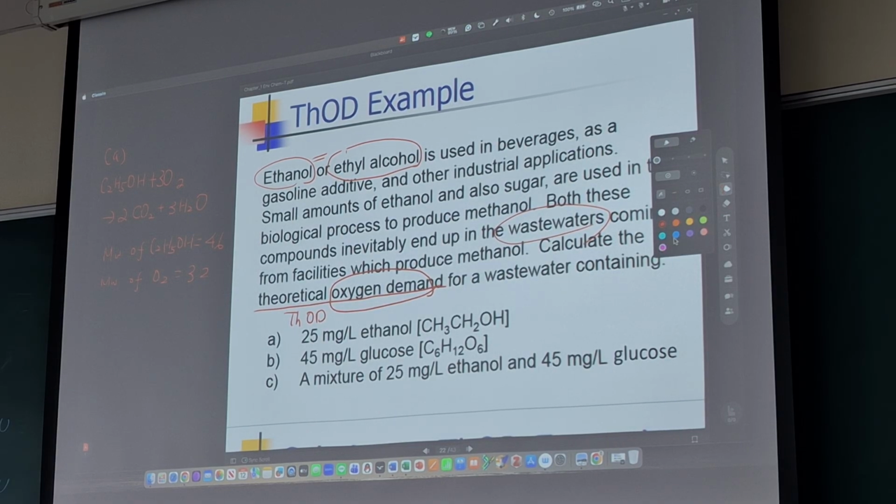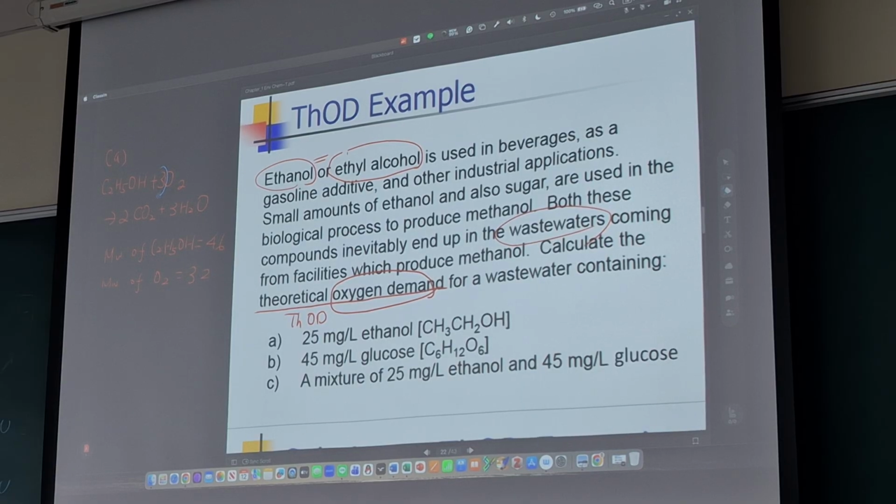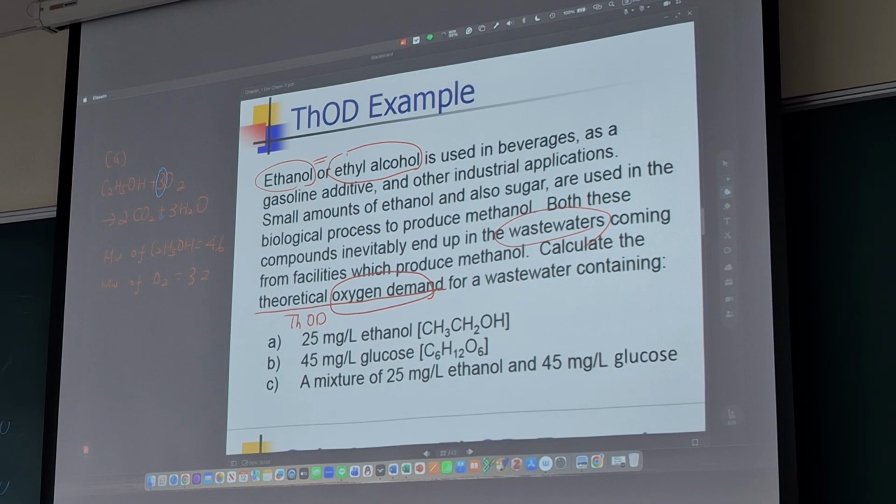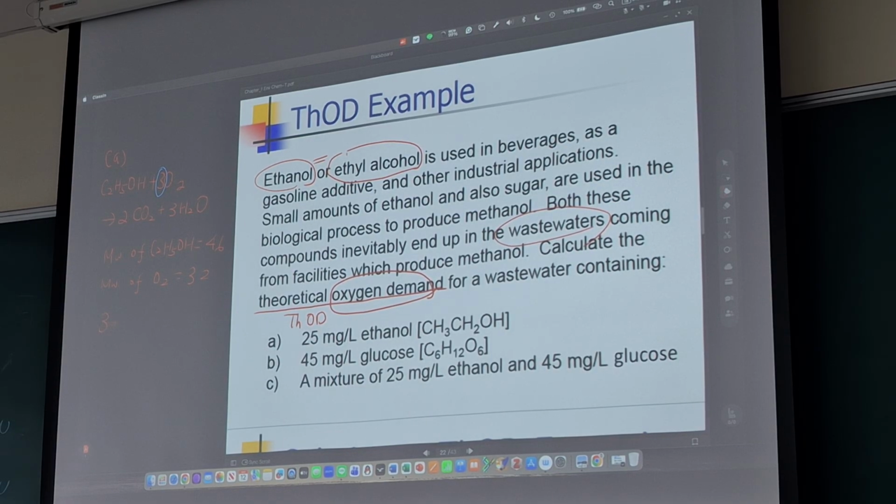And we have 3 more, right? So it's going to be 3 times 32, 96. So we need 96 milligrams of oxygen.